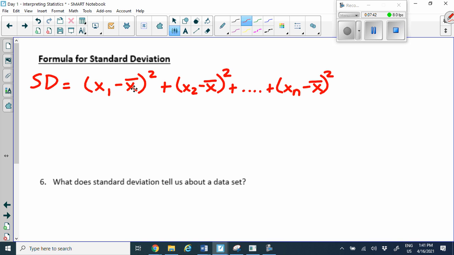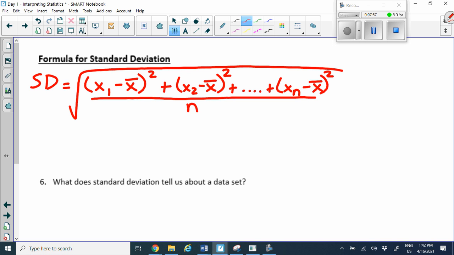Now, what do we need to do in order to get the average? Well, we needed to divide by how many numbers there were, right? And then how did we get rid of those squares? We square rooted. So here, to find the standard deviation, and this is the formula we use, is x sub 1 minus x bar squared, plus x sub 2 minus the mean squared, all the way to whatever's our last data point, subtracted from the mean squared, divided by how many data points you have, and then square root it.